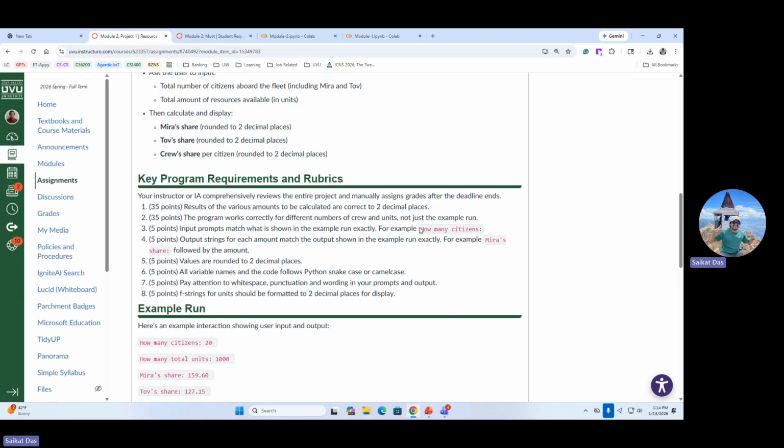Like I mentioned, how many citizens should be exactly the same. It's because I'm paying you the money for this project, right? Money means here the points. If you're just writing how much citizen, for example, is not right here in this context. Even with this column, that's why I mentioned run exactly.